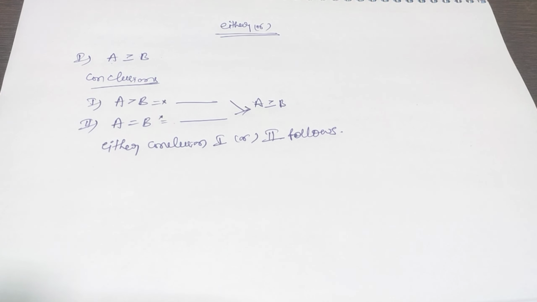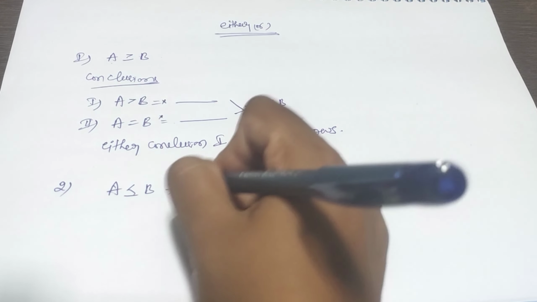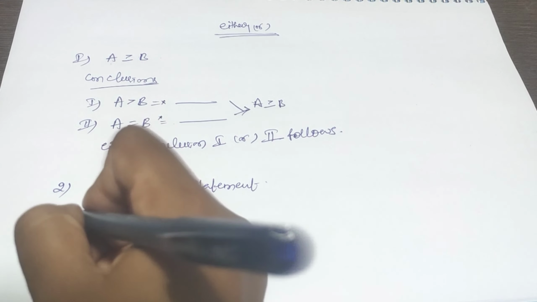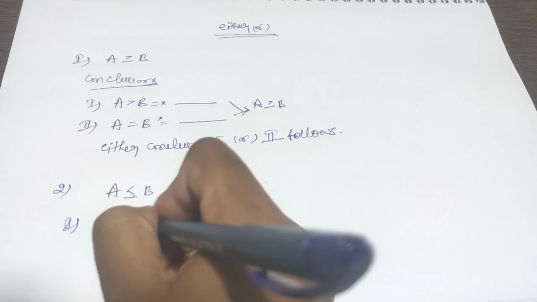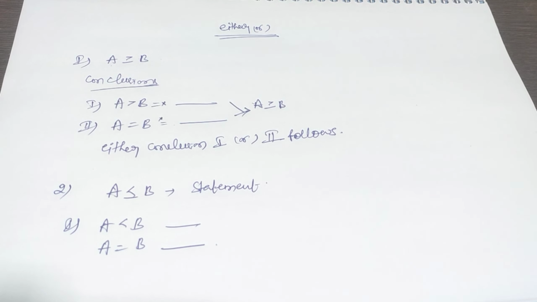Now let me explain another example to get clear clarity. The second one has the statement A is less than or equal to B. The conclusions are A is less than B and A is equal to B. We go separately with the conclusions.